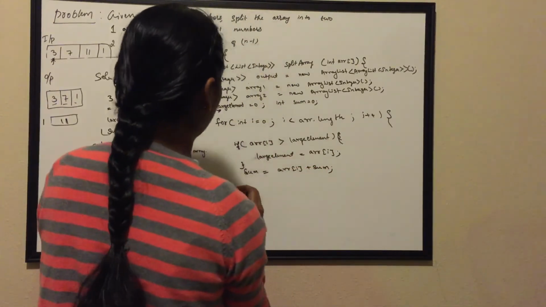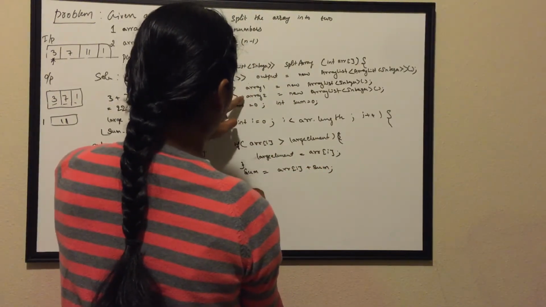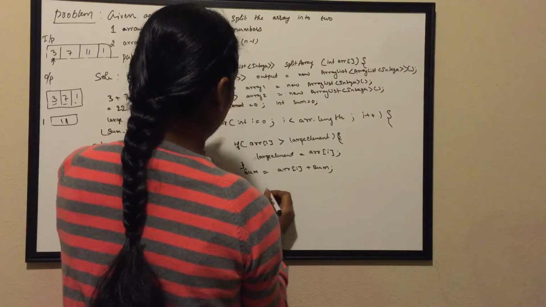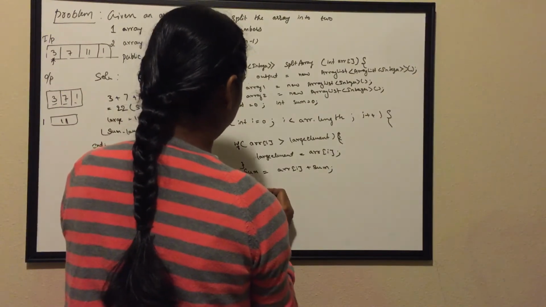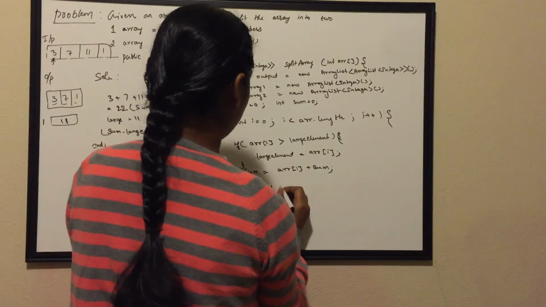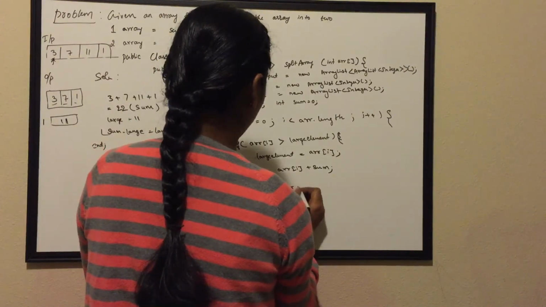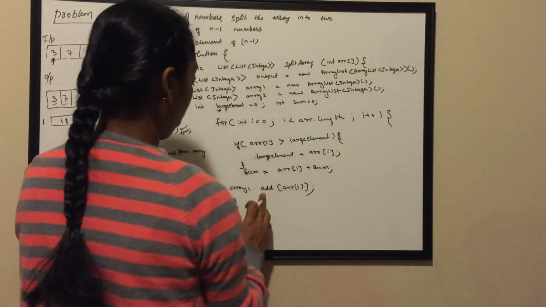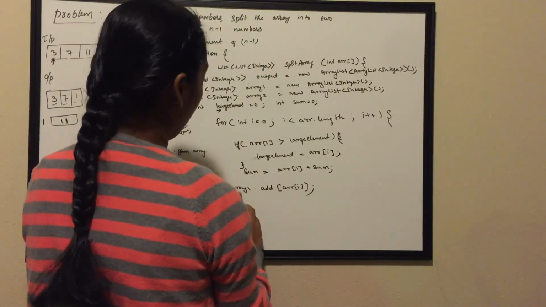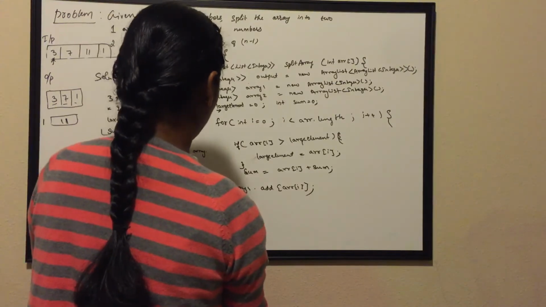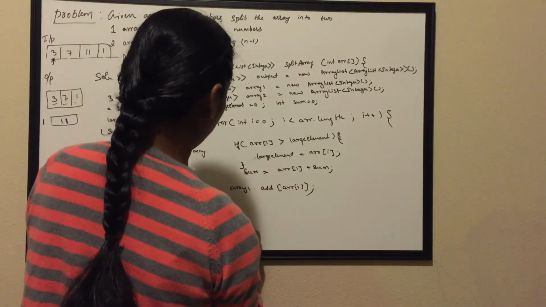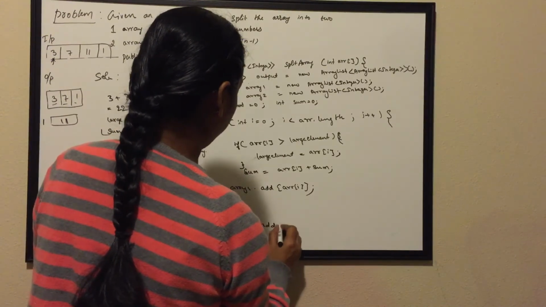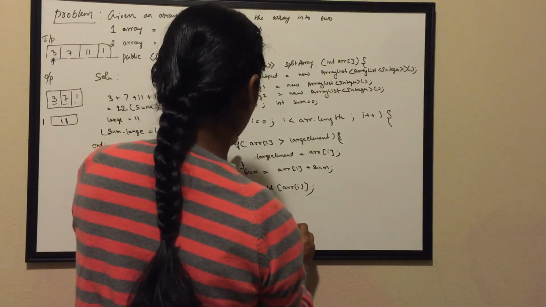sum equal to array of i plus sum, and then I'm going to add array 1 dot add array of i, going to have all the elements in the array 1. Once is output, I'm going to add array 2 dot add this large element.